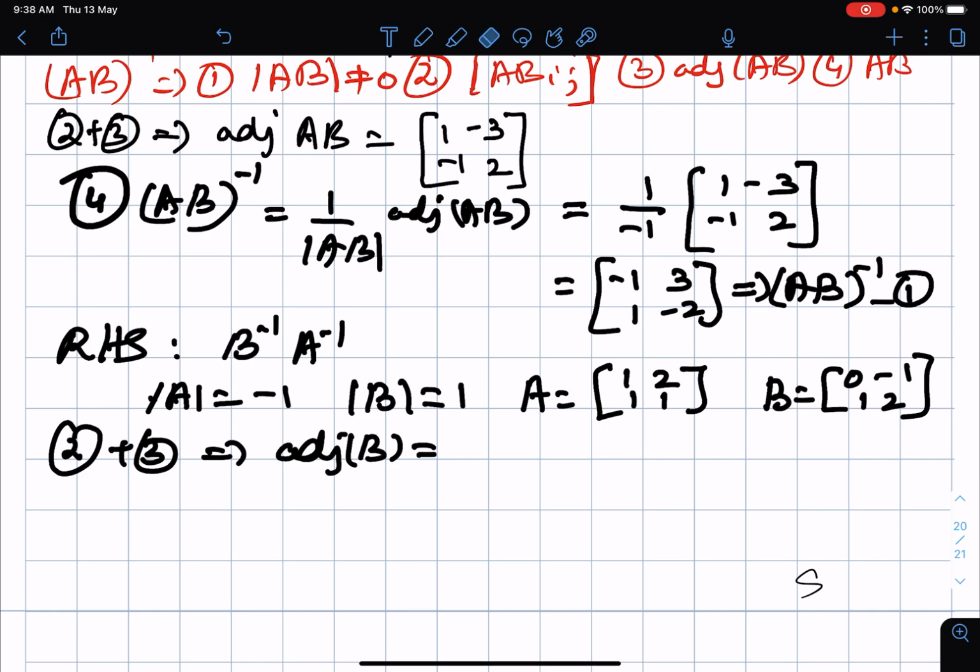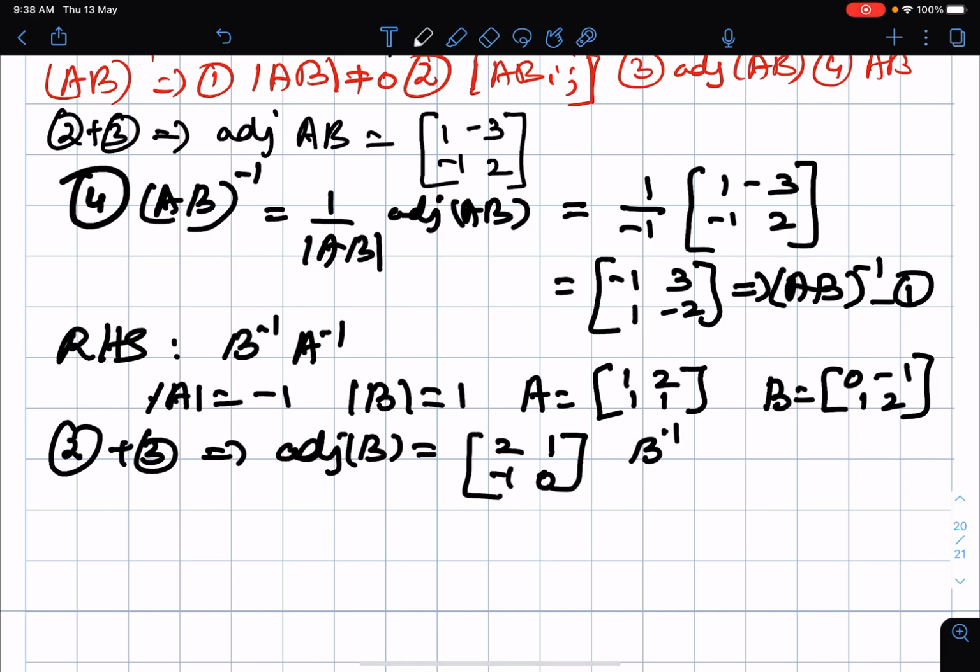Okay, now adjoint B. What is adjoint B? Adjoint B you can directly write, isn't it? Just invert the matrix. So for the main diagonal, 2 1 0, this will become plus and this will become minus. Okay, this is going to be adjoint B.